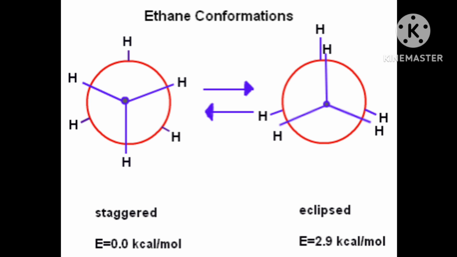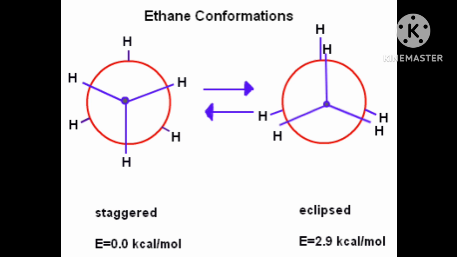Eclipsed, this question is asked. And the other situation is the one in which hydrogens are as far apart as possible. Because they are in movement, one time they came closest, after that they go a little far, then it will go to the maximum.